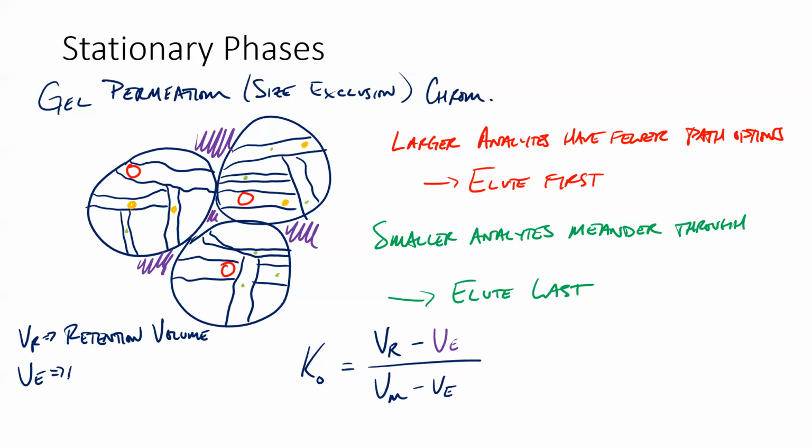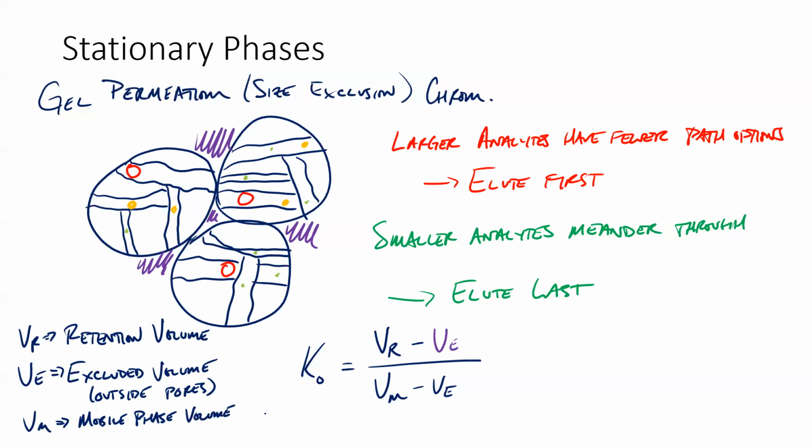V_E is what's called the excluded volume, and that's outside the pores. And then V_M is the mobile phase volume, which is everything, it's V_E plus V_P, if you want to think about it that way. The excluded volume plus the volume that's actually inside the pores. So maybe I'll put total mobile phase volume.